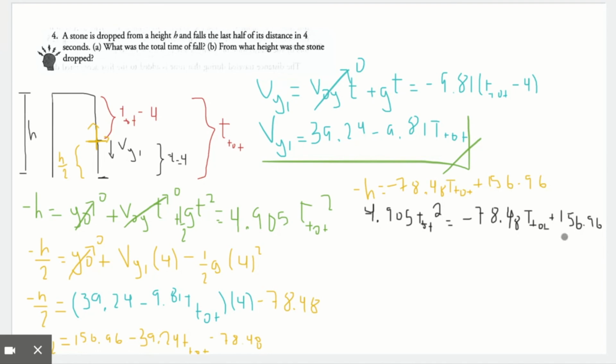Okay, and then we have a quadratic equation. There are plenty of ways to solve it. You can use the general formula, you can use the calculator, you can factor. At the end of the day, we will have two possible answers.